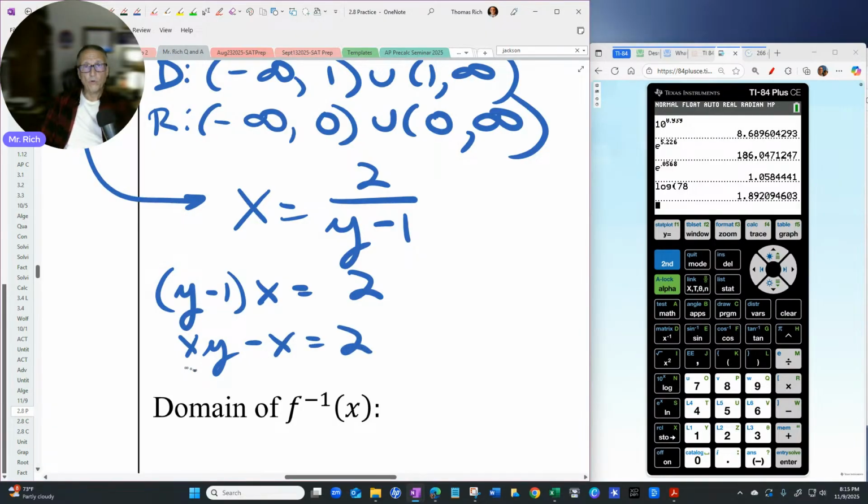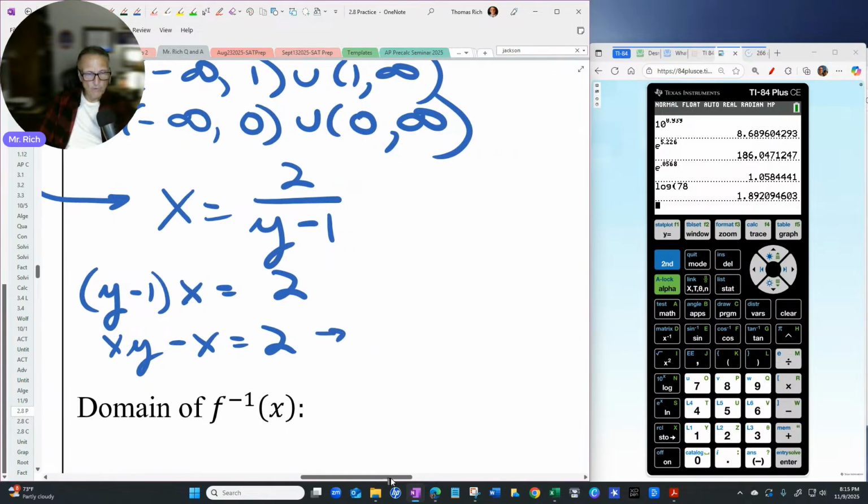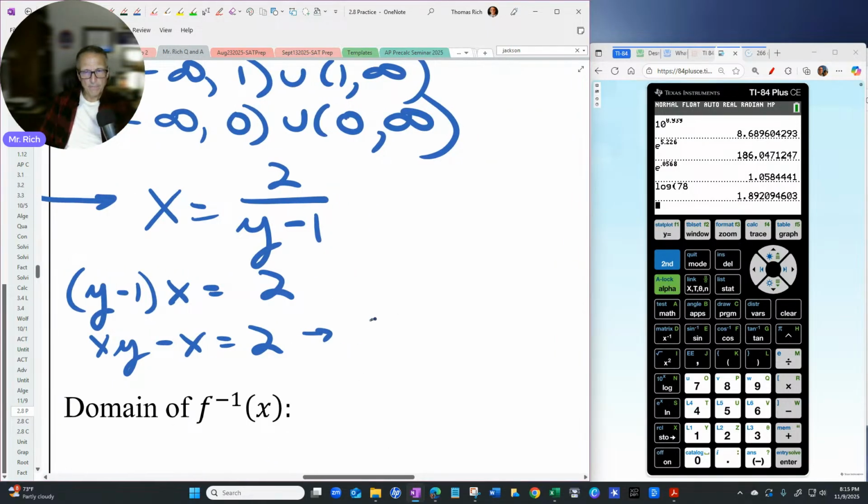And again, we're trying to solve this for y. So I'm going to add the x on both sides, and then I will divide by the x that's in front of the y. So I'm kind of doing 2 algebra steps here at once. So that's going to give me an f inverse, right? My y will become an f inverse function of f.